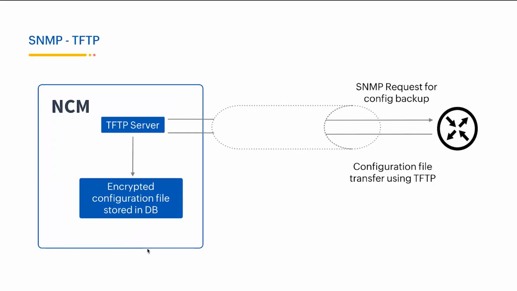Then SNMP with TFTP. The TFTP server sends an SNMP request and the device responds by sending its configuration via TFTP. In every case, once the configuration file reaches NCM, regardless of the protocol used, it is encrypted and stored safely in the NCM database.